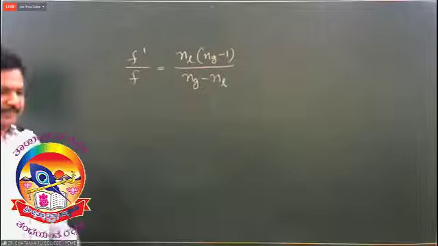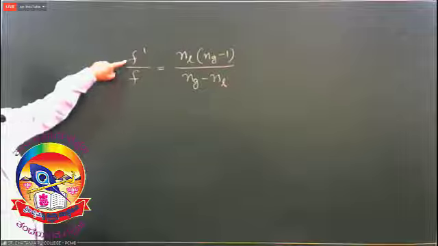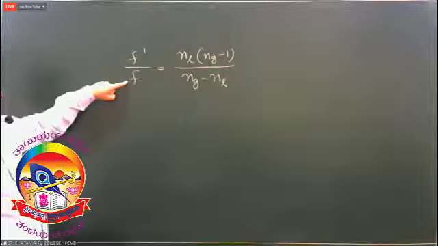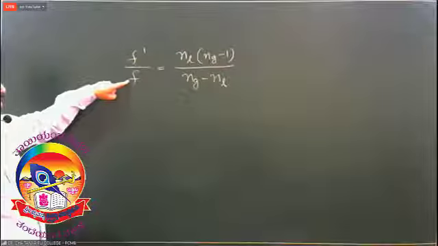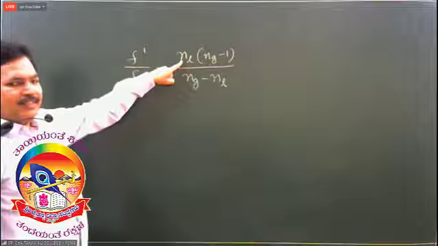We already derived this shortcut formula to calculate the focal length of the given lens when immersed in a liquid. F dash is the focal length of the given lens in the liquid. F is the focal length of the given lens when it is in air. NL is the refractive index of the liquid.